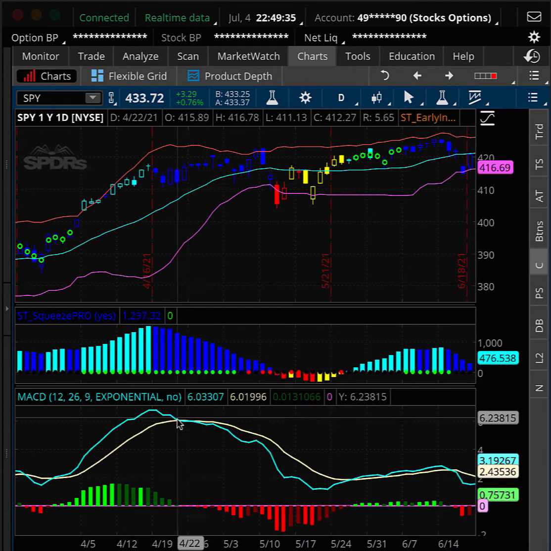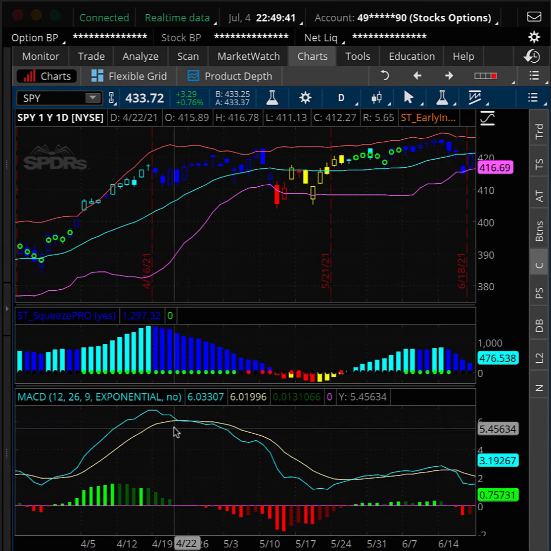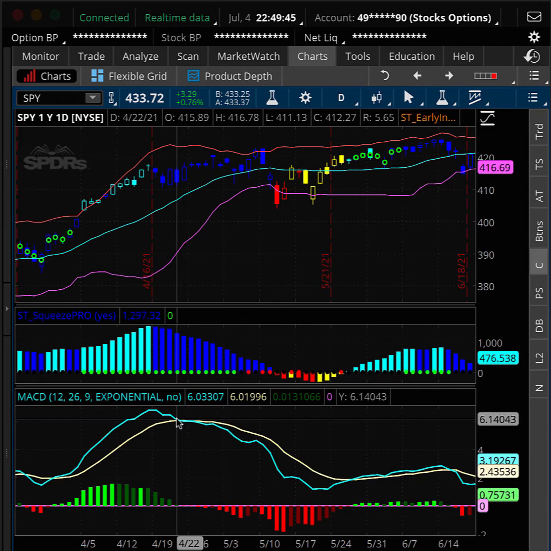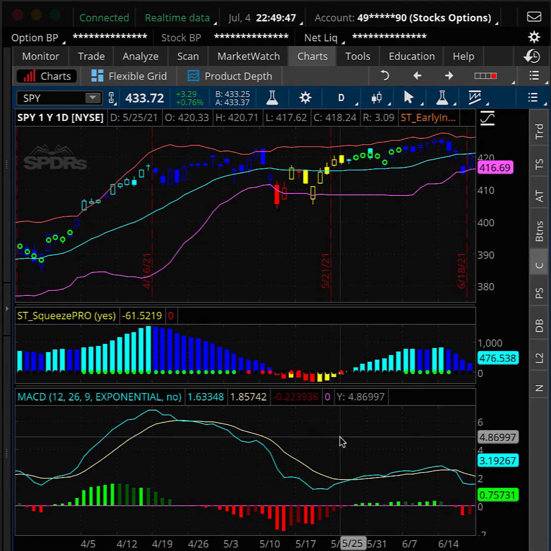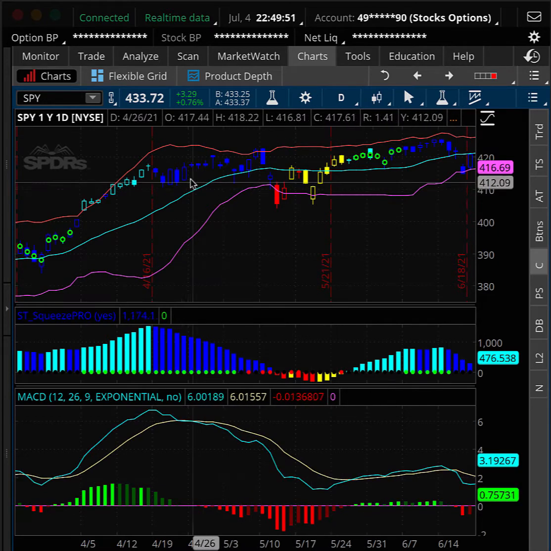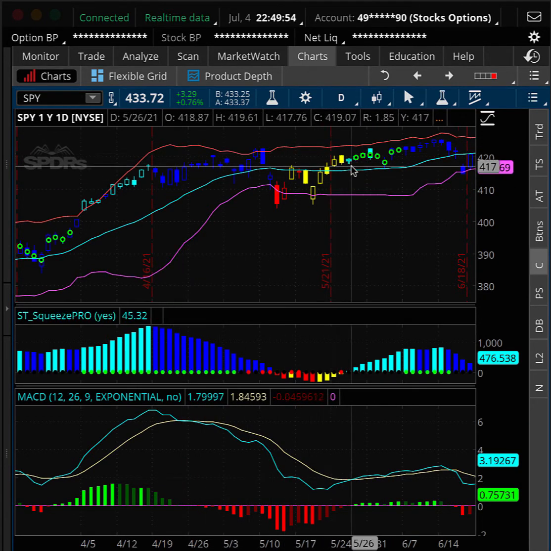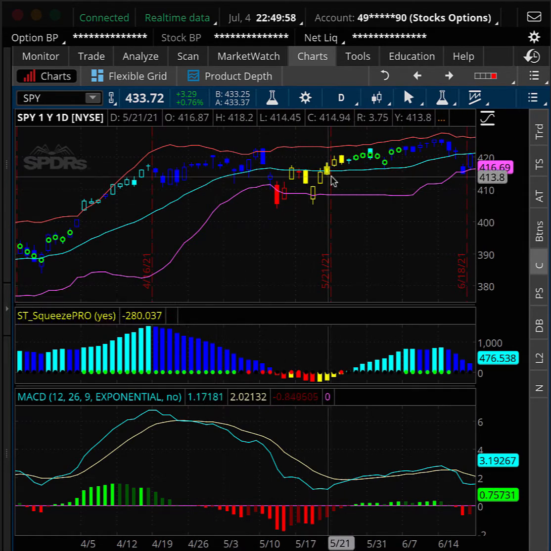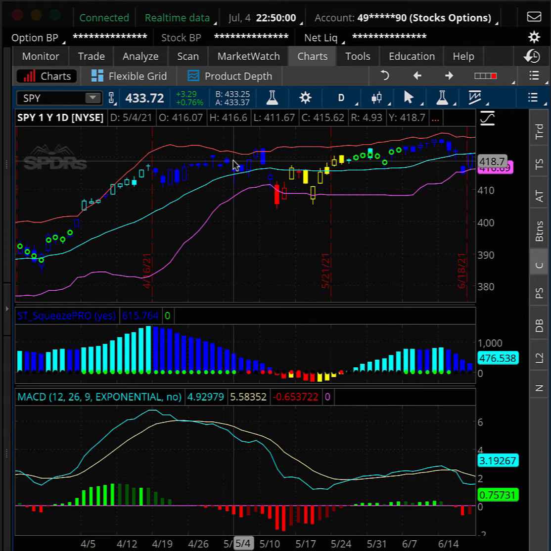So if you traded the MACD alone, you would expect that the price from this moment in time, at 4/22, would be lower by 5/22, a month later. But the reality is that the price has actually ended up at the same level. So it traded sideways, not down. So that is an example of what divergence is.